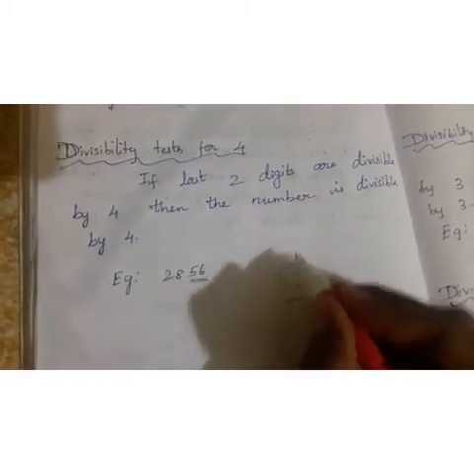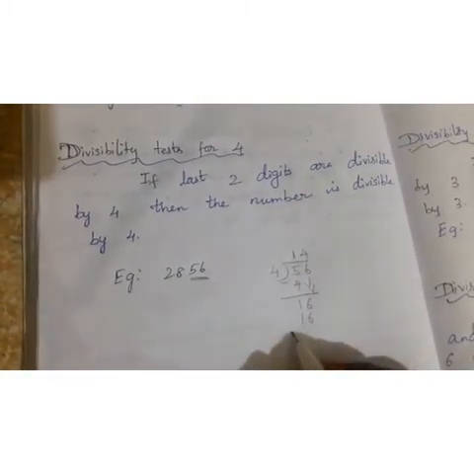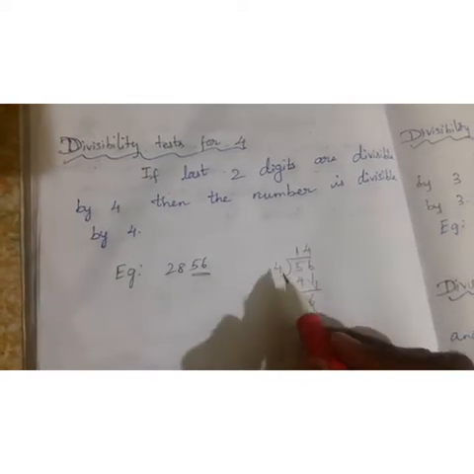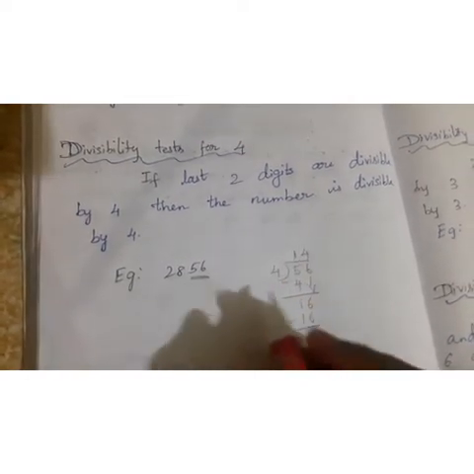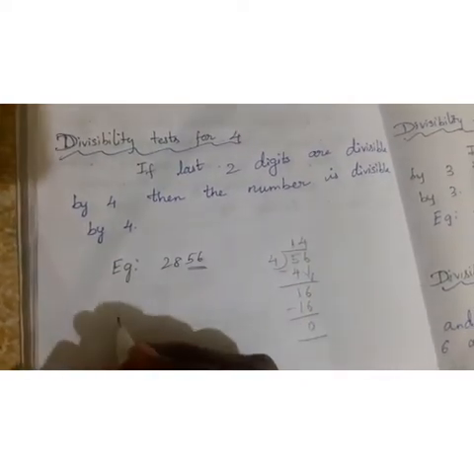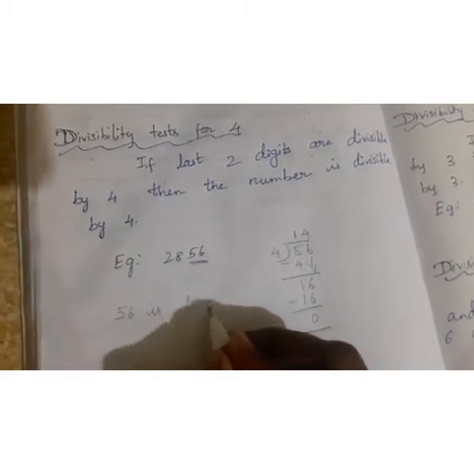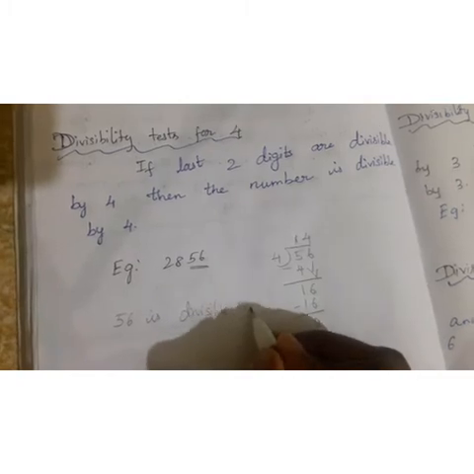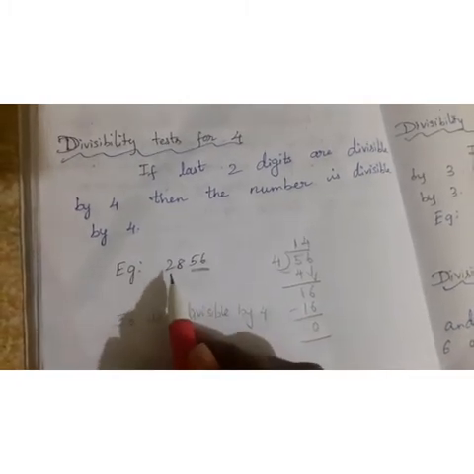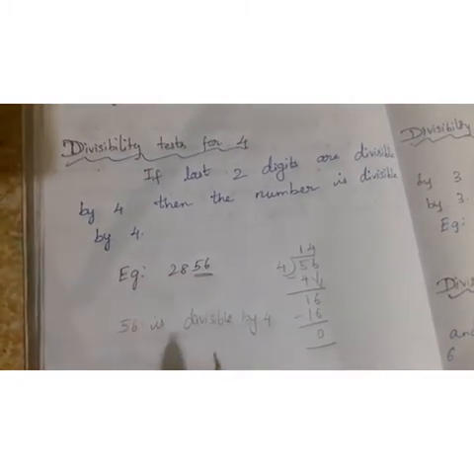Bring down 6. 4 times 4 is 16. 16 minus 16 is 0. 4 times 14 is 56. So 56 is divisible by 4. Then 2856 is divisible by 4.